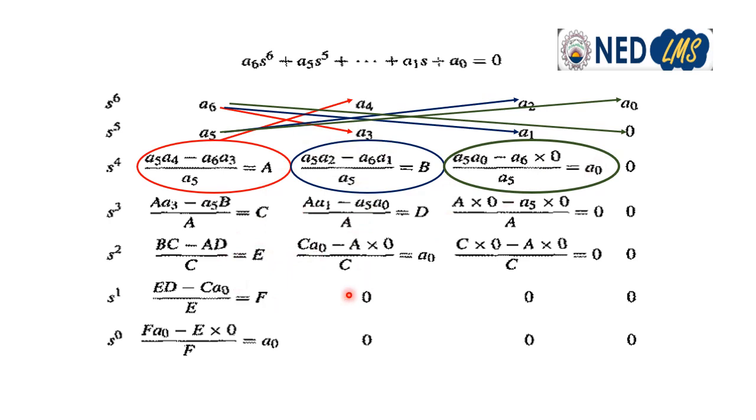Similarly, we can complete this Routh table in this fashion, always using the previous two rows, that is a3 minus a5 b divided by a. And we always divide by the first element of the previous row to calculate the next row. So here we always divide by capital A, here we always divide by capital C, and we complete this Routh table up to s^0. So this is the complete Routh table.